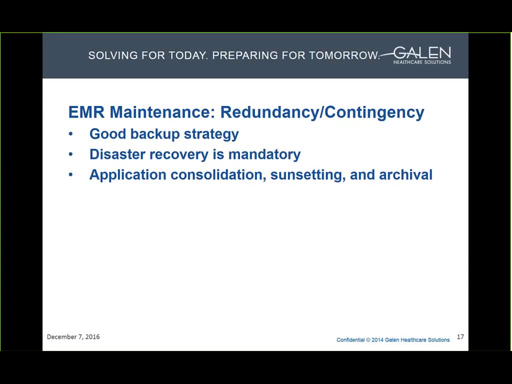So we've come out with software, Vital Center Online Archival, to consolidate that kind of thing. It saves a lot of money on licensing fees and management headaches, and ultimately can make your EMR environment much more streamlined and much more secure, because you're not having to manage 30 different applications and the 200 per accounts that go with each one of those applications. So you can visualize exactly how much difference this can make in your organization.